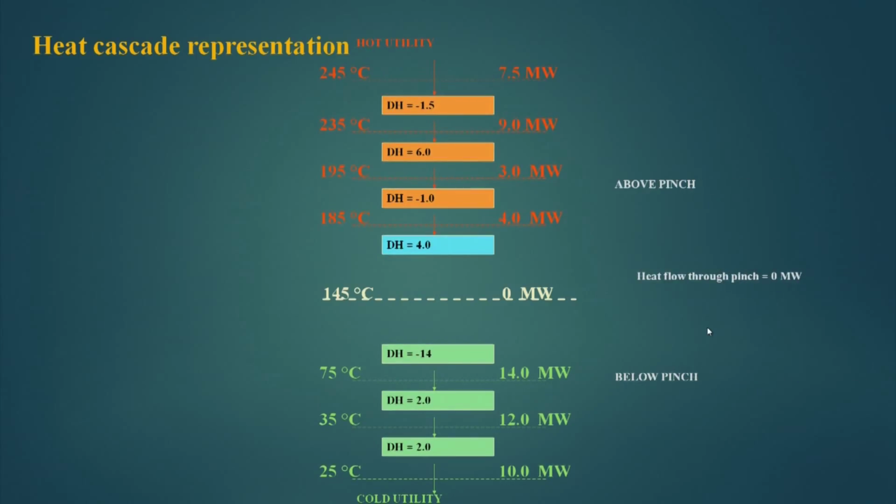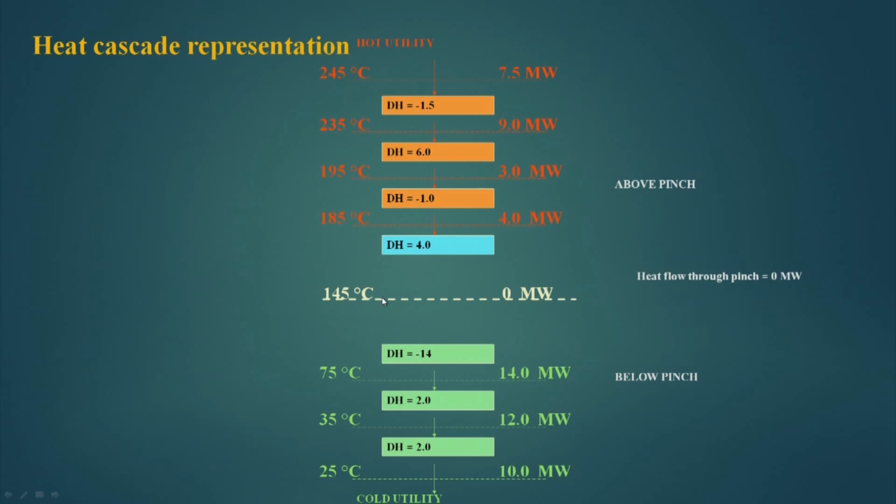Now, this part is above pinch, this is delta H, the above part is the above pinch region and this part is the below pinch region, and there is no heat transfer from the above pinch region to the below pinch region, and this is the pinch temperature level in shifted temperature.